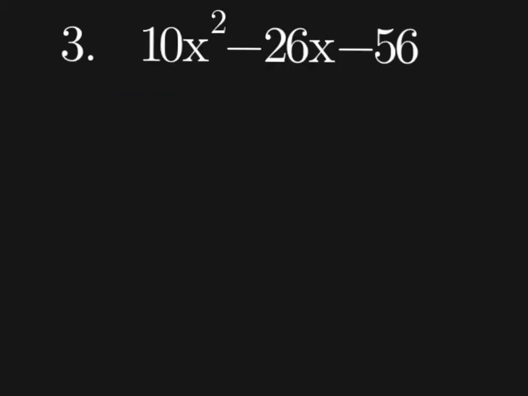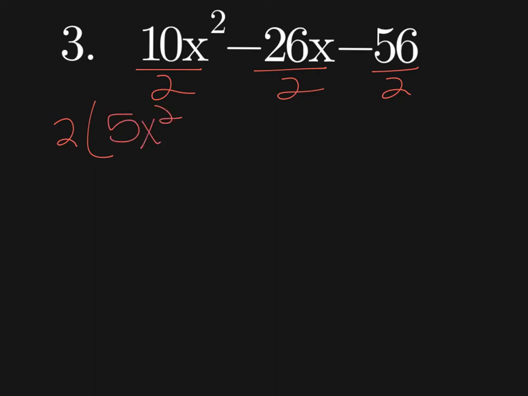Next one, so I have 10x squared minus 26x minus 56, and I believe 2 will go into all of those. So I'm going to factor 2 out. So 10 divided by 2 is 5x squared. Negative 26 divided by 2 is negative 13x. And negative 56 divided by 2 is negative 28.